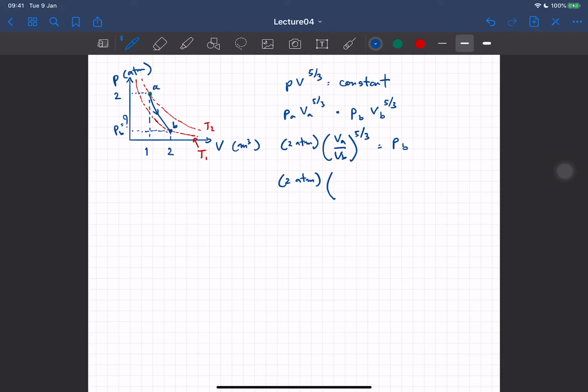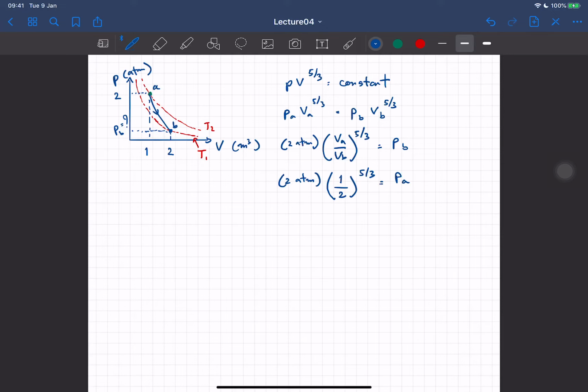It's a lot cleaner to divide the volume first before you do the exponent. So VA is 1 divided by 2, to the 5/3, times PA.